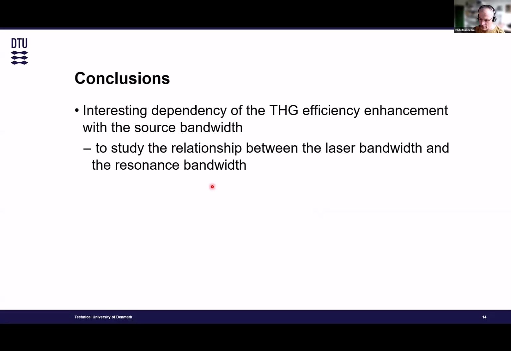I didn't show them here because they are not fully interpreted yet, but it seems that the optimal is when the laser bandwidth and the resonance bandwidth match, and the farther you go in either direction, it gets worse. And in a way, it makes sense from a coupling point of view. It's the optimal coupling at that point. But as I said, we need to make sure that this interpretation is right, and it would be nice to have it checked experimentally.